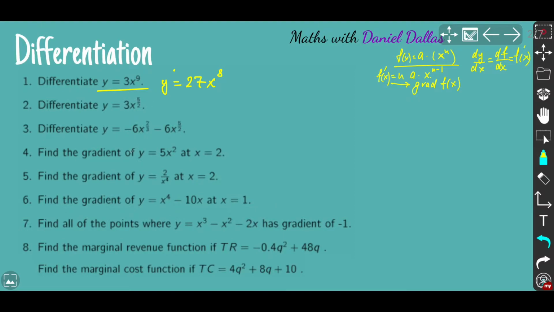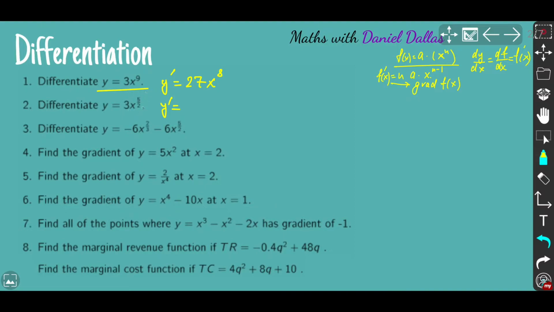The next one is fractional, but it doesn't matter. Again, you take y prime. By the way, it's called prime, so sometimes you can use the word derivative, but sometimes you can pronounce it as y prime. That also works.